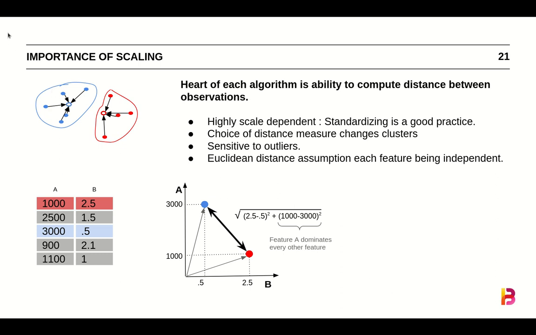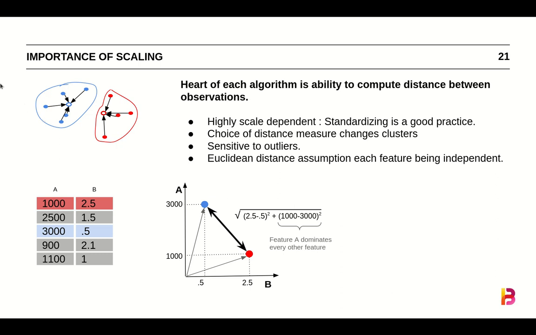If there was a new observation here which clearly is an outlier compared to all of these data sets, your centroid would be calculated somewhere here, and it would end up influencing the way these clusters are formed.